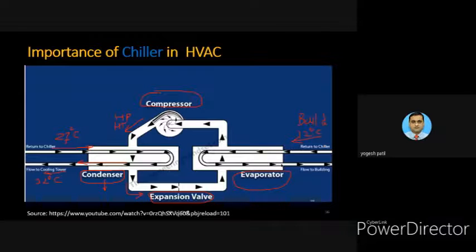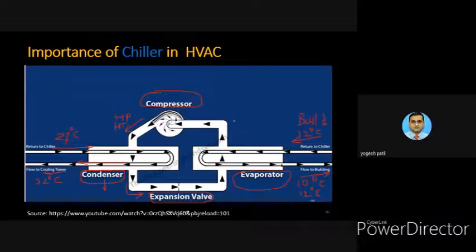We can say the line is the discharge water line, and that liquid temperature is around 12 degrees Celsius. And because of the refrigerant that enters through the expansion valve, we get 10 to 12 degrees Celsius. So 10 to 12 degrees Celsius is the temperature to which we chill the water by the evaporator.